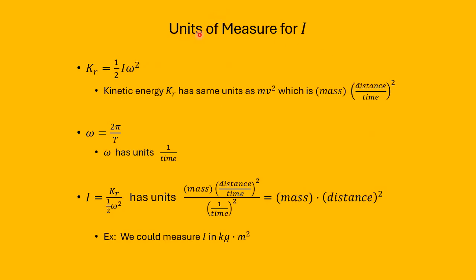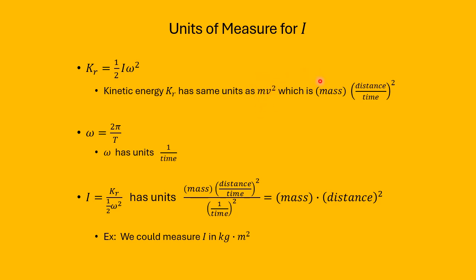So what are the units of measure for this moment of inertia I? Well, we have the equation which we used as the defining equation for I. The kinetic energy of rotation was 1/2 I omega squared. Well, the kinetic energy has the same units as an energy, let's say, measured as m times the velocity squared.